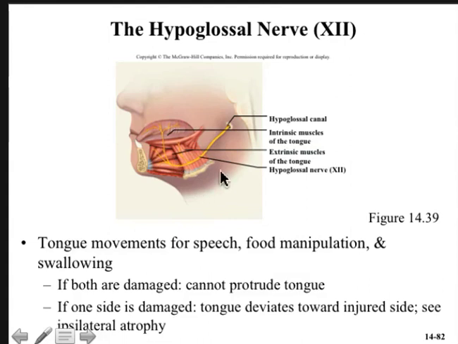Okay, it's getting proprioceptive information from the extrinsic and intrinsic muscles of the tongue, and this allows the nerve to adjust the motor output so that the muscle doesn't become overly stretched or overly contracted, and we avoid, as a result, muscle damage.